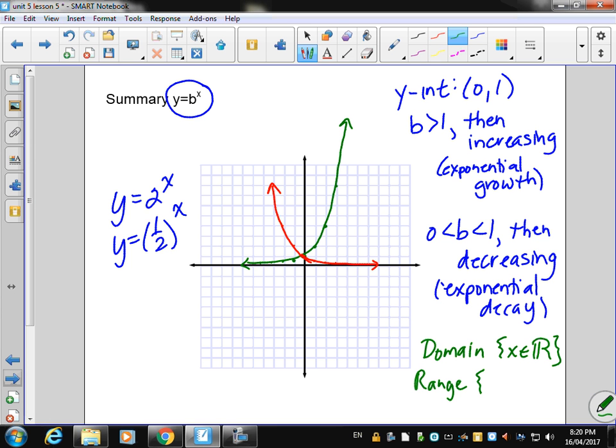You don't have any values that are 0 or negative. So my y is a real number, but it must be greater than 0. So for our basic functions, we have these 3 key features to keep in mind. And then our basic shape, we remember increasing and decreasing. The larger the value of b, the steeper it's going to be.